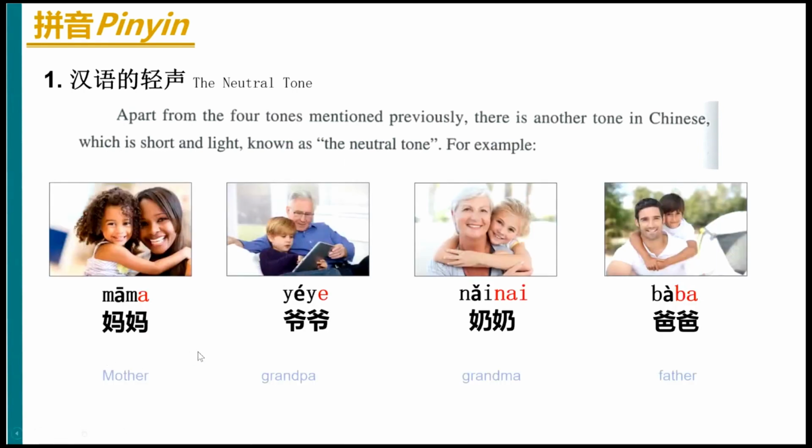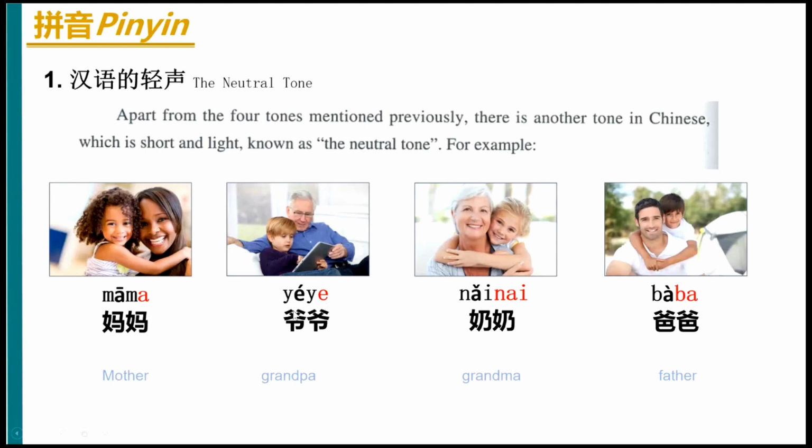For example, in this word, 妈妈, the neutral tone is what I put in red. So compared with these 2 syllables, the first one, ma, is in the first tone, while this neutral tone sounds like ma. Together sounds like mama. Neutral tone sounds short and light, and also soft.